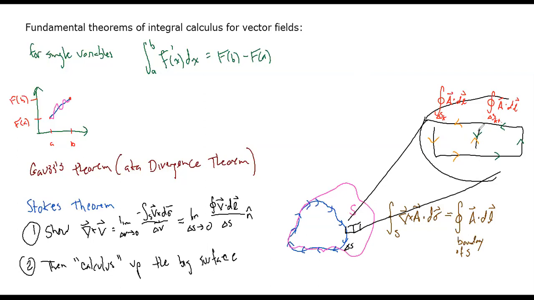I get A dot dl, but for one of them my dl is going down, and for the other my dl is pointing up. They're off by 180 degrees. The dot product for one is the opposite of the dot product of the other. They cancel. The reason I call all of these fundamental theorems of integral calculus is that they all have this property where a lot of the stuff in the interior cancels out, and you're just left with stuff at the boundaries.